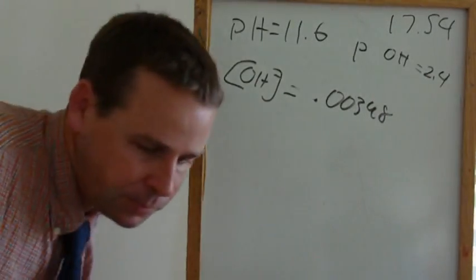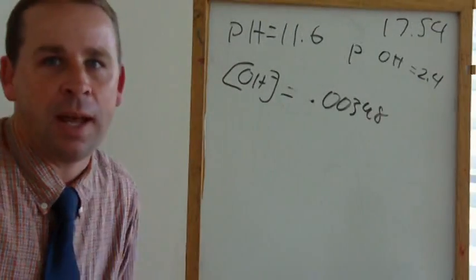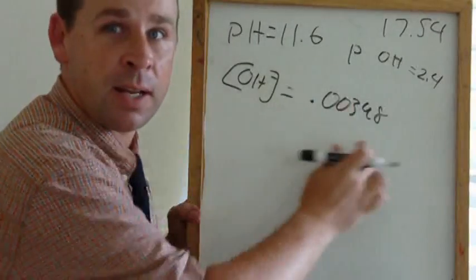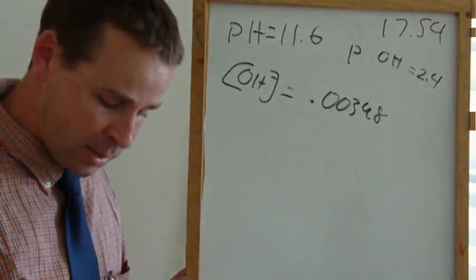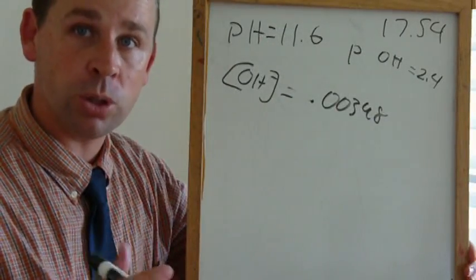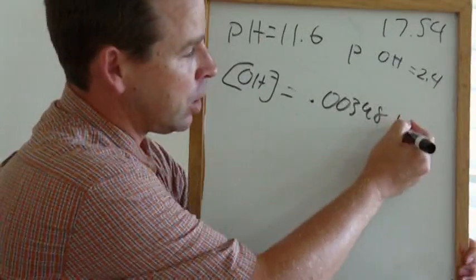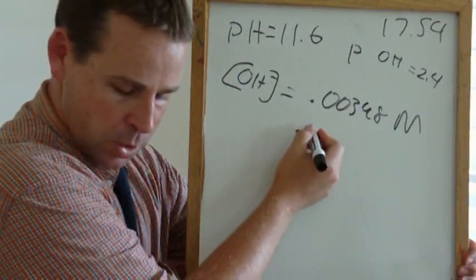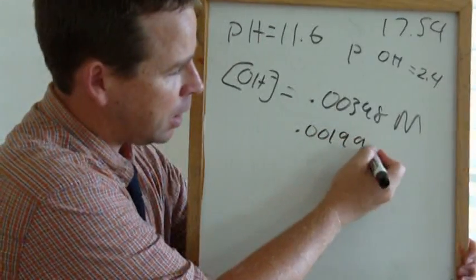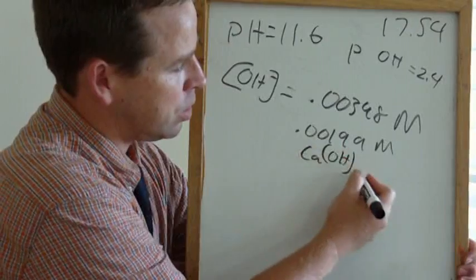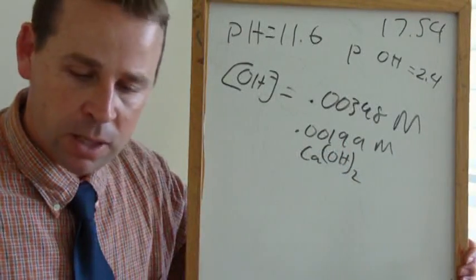So this is how many moles of hydroxide ion there are, and thus there's that divided by 2 moles of calcium hydroxide, which is the molar concentration. This is the molar concentration of hydroxide ion, and that divided by 2 is 0.00199, the molar concentration of calcium hydroxide, because there's 2 hydroxide ions for every calcium.